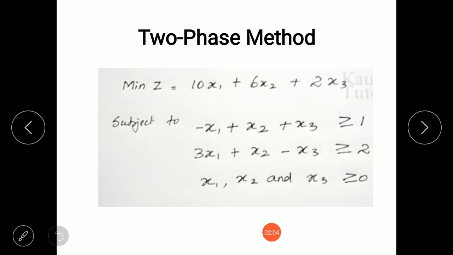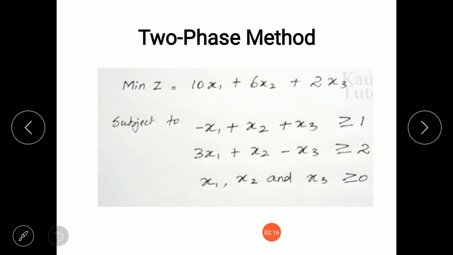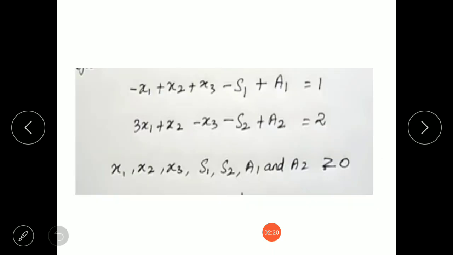So here the first inequality constraint equation has been converted into the equation form by subtracting a surplus variable and adding an artificial variable. Similarly, in the same way, the second inequality constraint equation has been converted into the equation form by subtracting a surplus variable and adding an artificial variable.